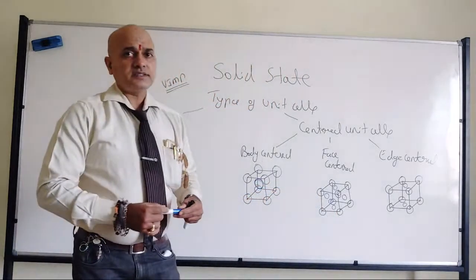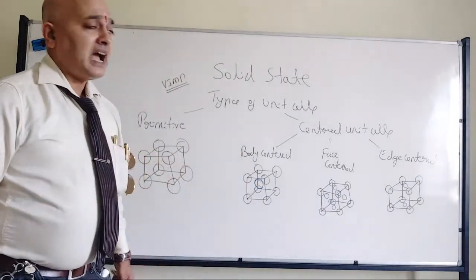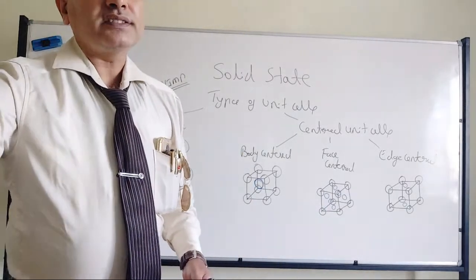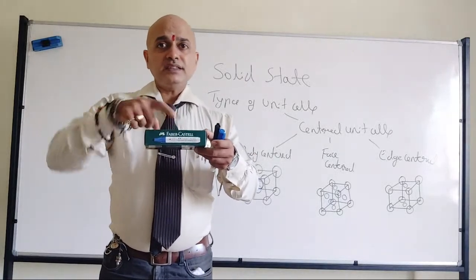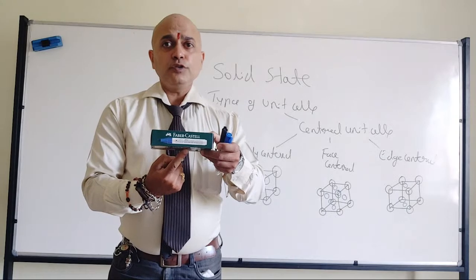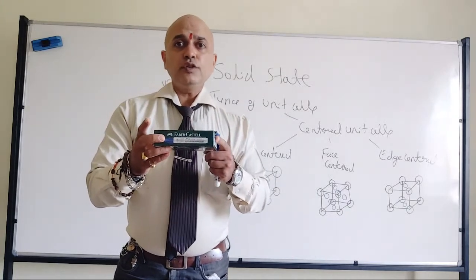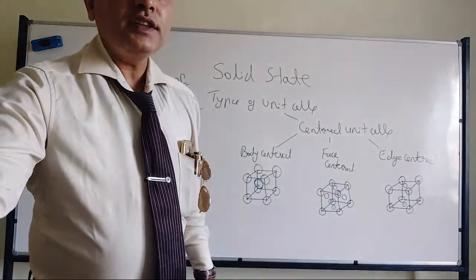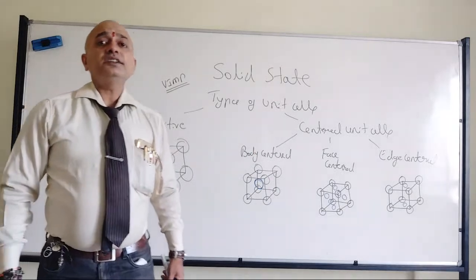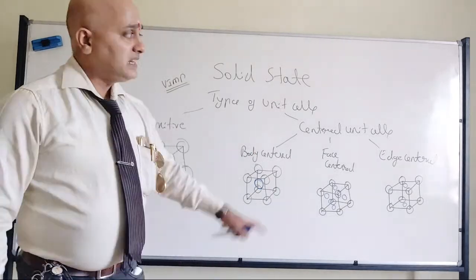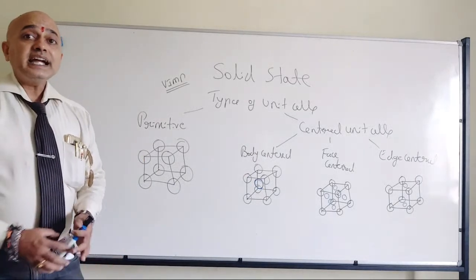Any two opposite faces, not all the 6 faces. For example, if I take this box, either this face and this face should go in combination, or this face and this face should go in combination. So any two opposite faces should have atoms in the center of the face. Then they are called edge center.